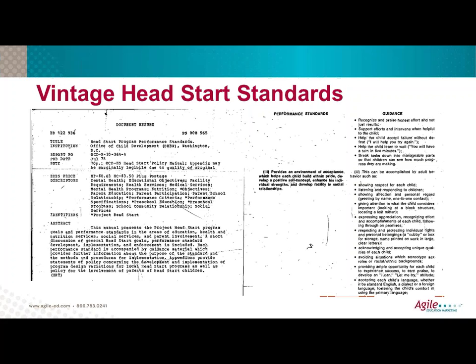But these first performance standards were detailed guidelines for children ages 3 to 5, and it was really Head Start's idea of establishing performance standards, and it eventually spread to the Federal Standards Initiative for Public Schools.